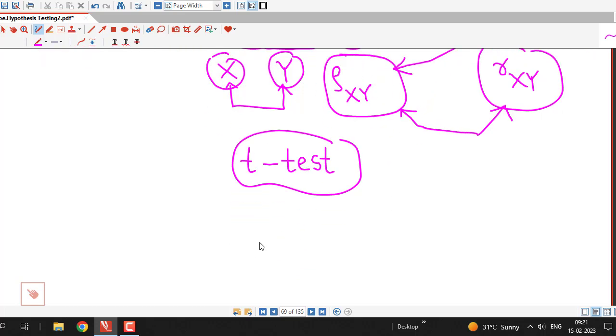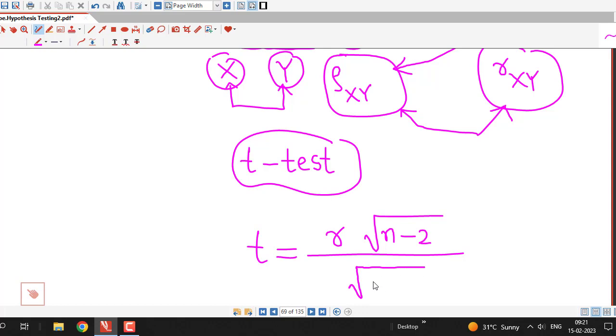The formula for the test statistic is t equal to R times the square root of n minus 2, divided by the square root of 1 minus R square, where R is the sample correlation coefficient and n is the number of observations in the sample. There will be n observations for variable X and n observations for variable Y, or we can say there will be n pairs for variables X and Y.